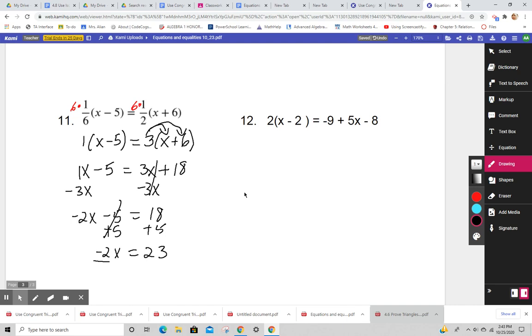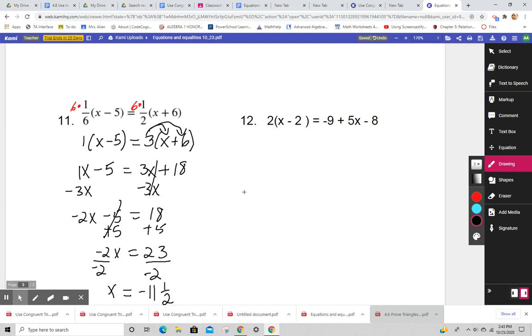Okay, divide both sides by negative 2. And that'll give us x equals, well, it goes in there 11 times, because 11 times 2 is 22, and then 1/2 is left over. So it's going to be negative 11 and 1/2.